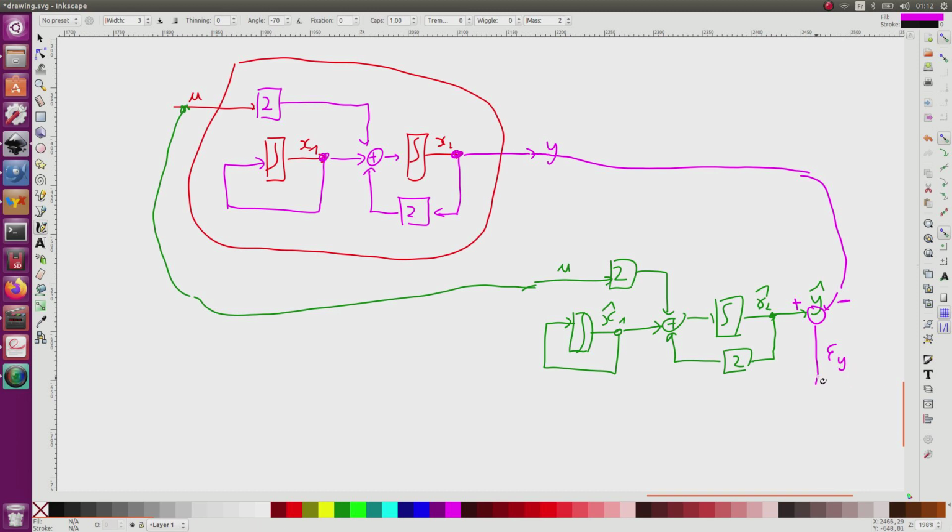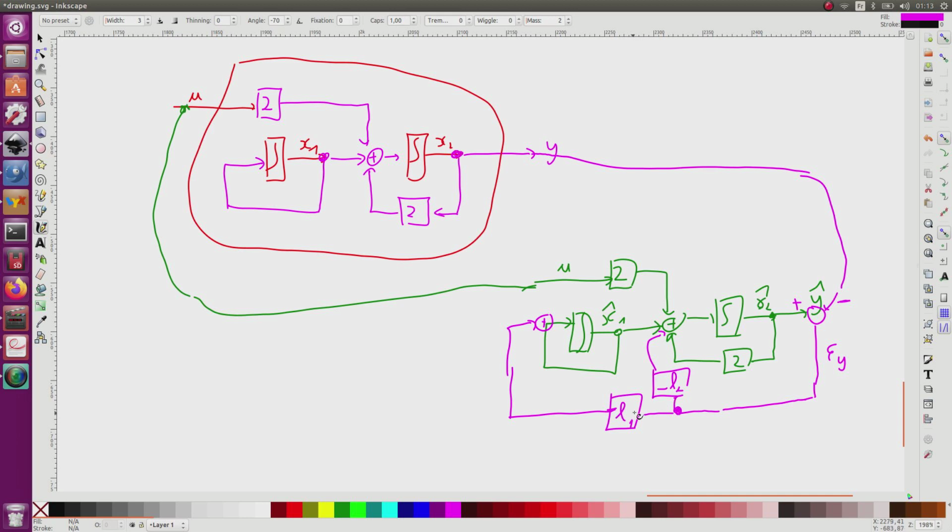And from this error, I will put inside a matrix L. So probably I will put here L1, L2, and here I will put a minus L1 because it is a feedback, so the convention is to take a minus, and here minus L2, and this error will modify the evolution of the estimated state.